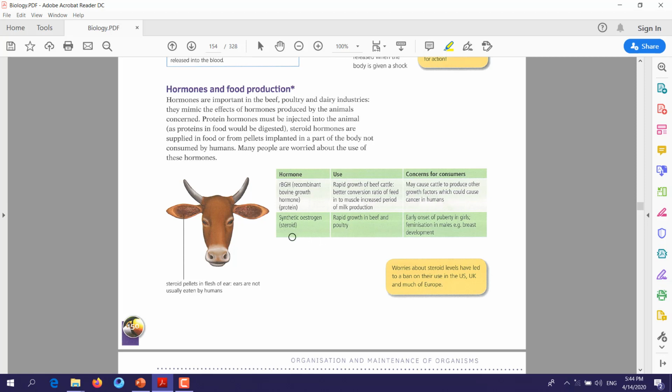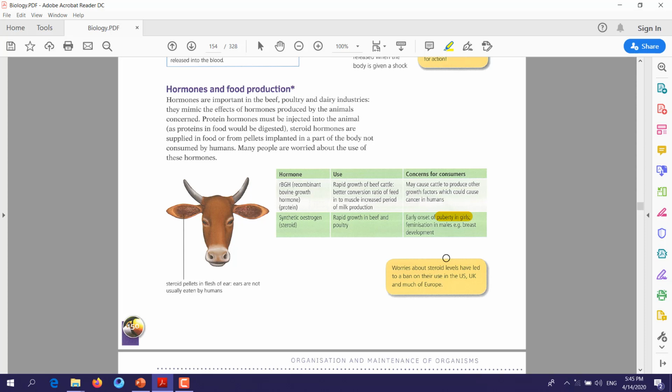Another example of a hormone, synthetic estrogen. Estrogen, we have the normal one and the synthetic one. Okay, the synthetic one, what it does is rapid growth in beef and poultry. But from the consumer side, early onset of puberty in girls, and also feminization in males, for example, breast development.